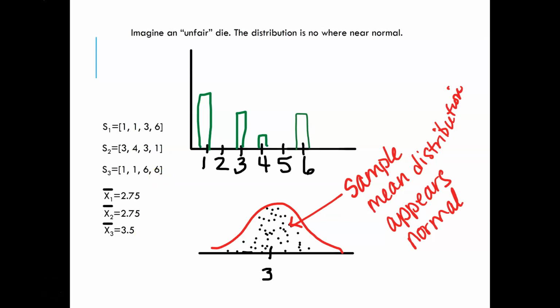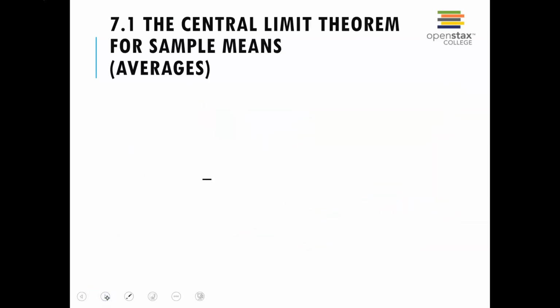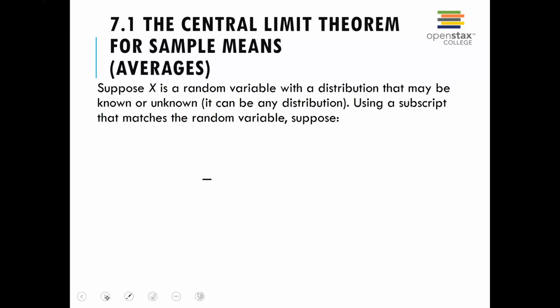If I kept doing that, those sample means, when I graph them, would appear to make a normal distribution. And so that is the idea that leads us to the central limit theorem for sample means or averages.